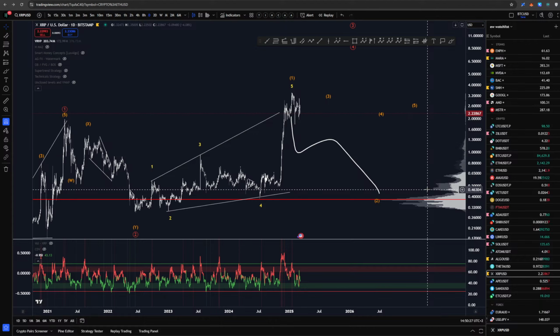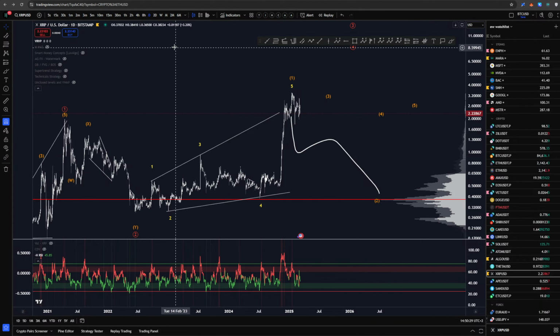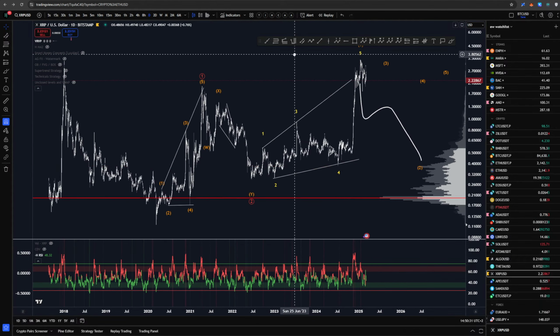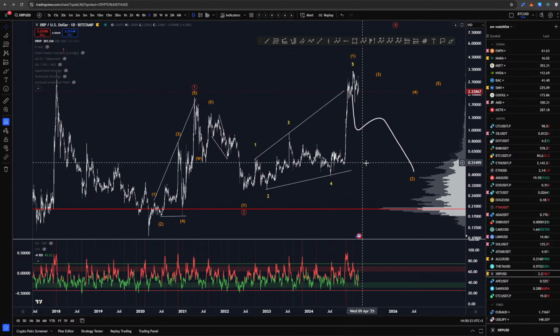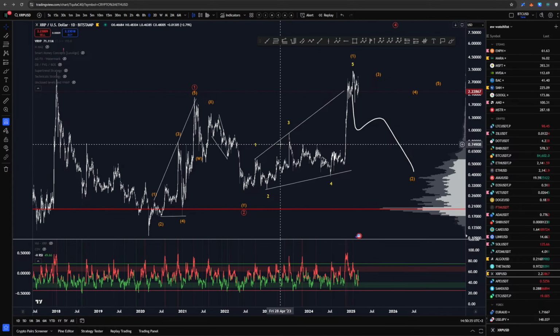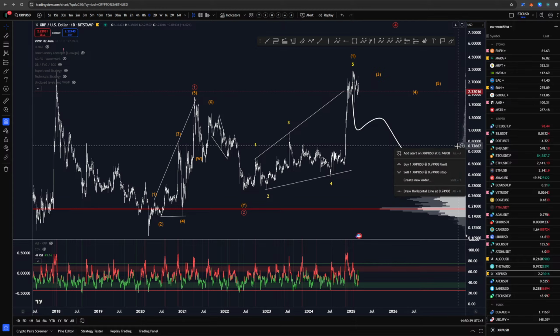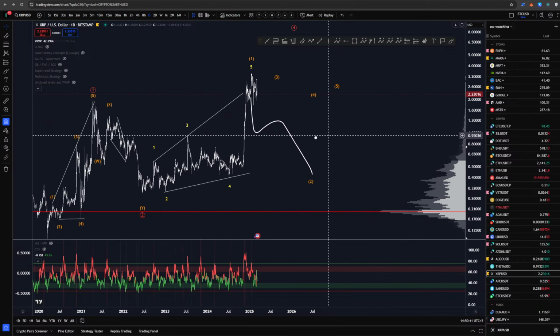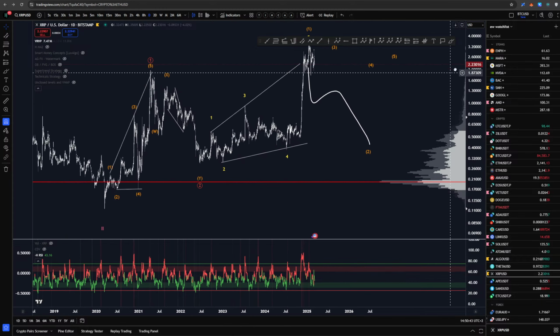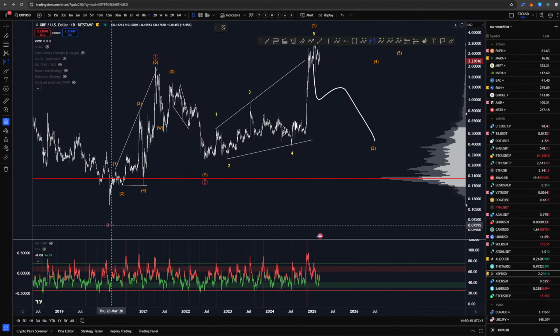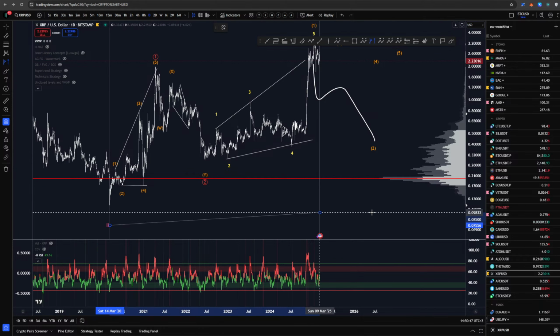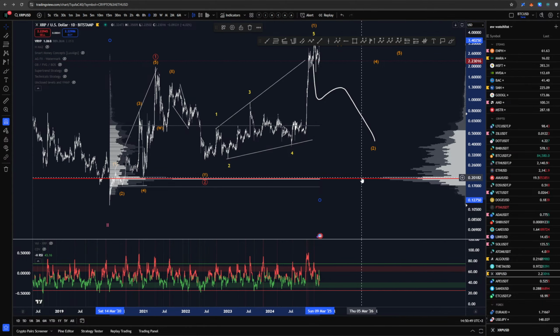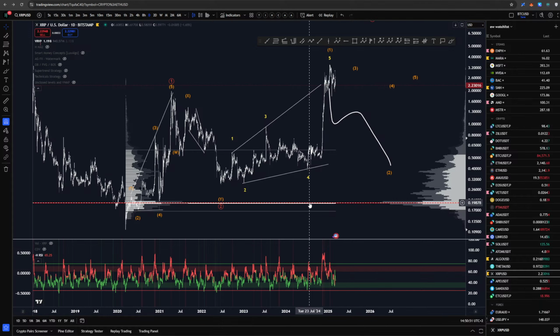XRP, where would I be interested in? Probably around 74 cents, I think. 75 cents. Let's actually bring this out from here. We have it all the way down, but then that invalidates the idea that this would be a 1, 2, 1, 2.